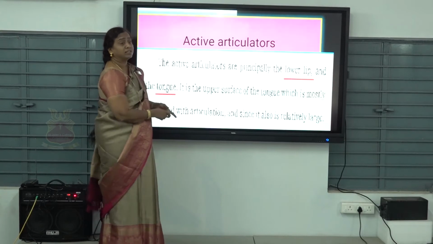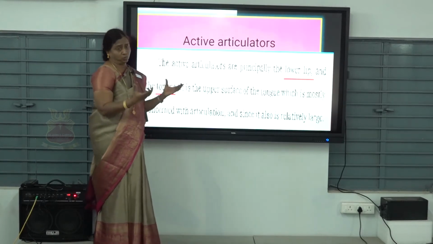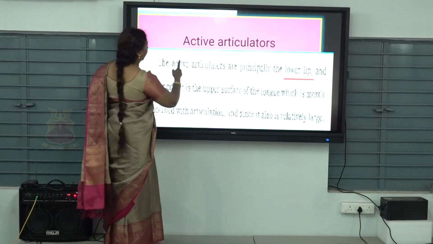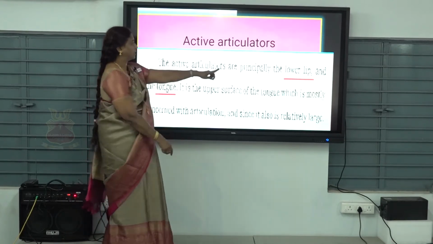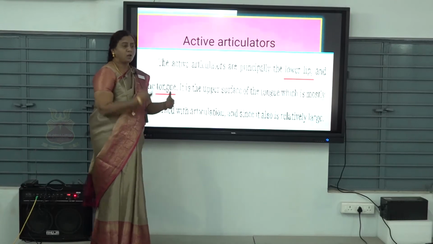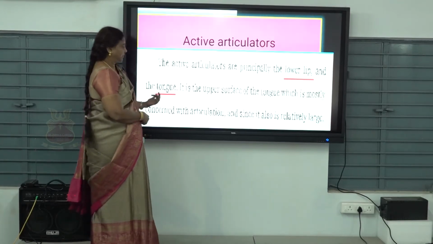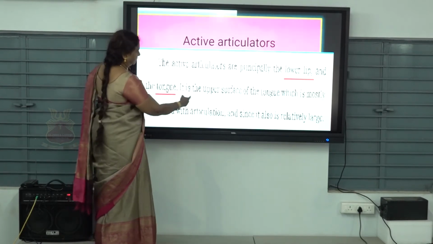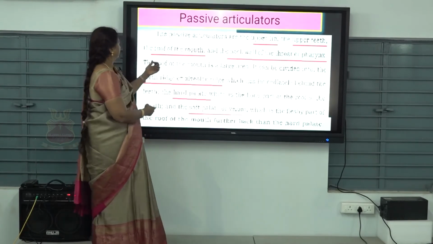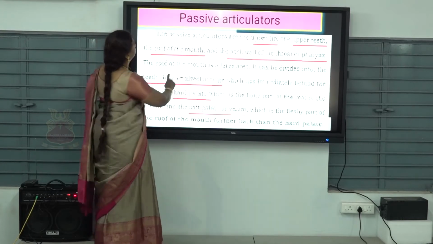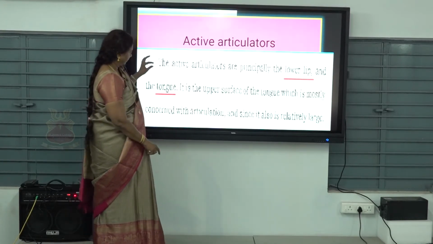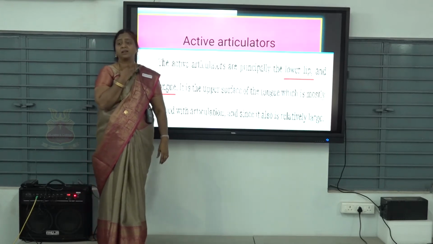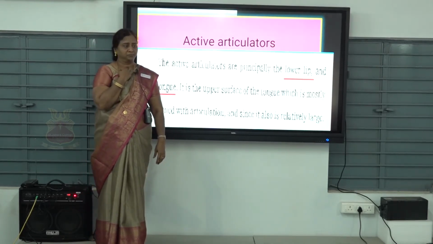And these organs of speech can be divided into two categories, active articulators and passive articulators. Active articulators, can you read out only the underlined ones? Lower lip, tongue. And then the active articulators also include the velum or the soft palate.